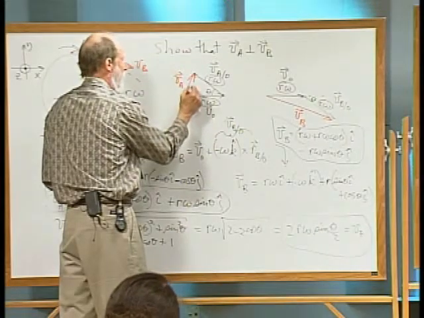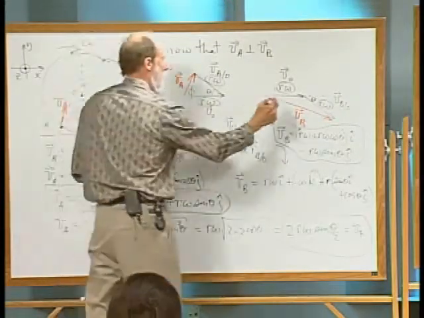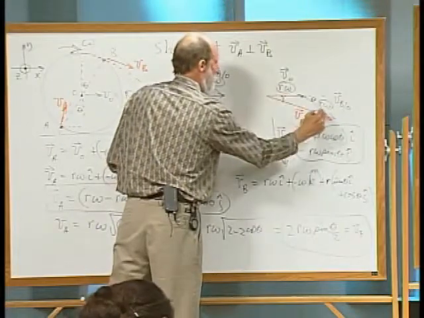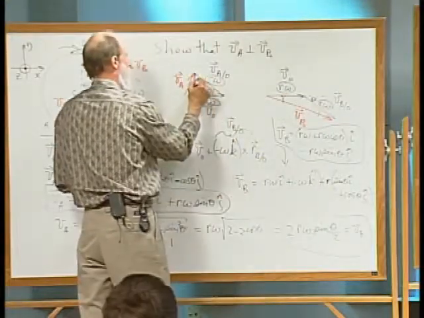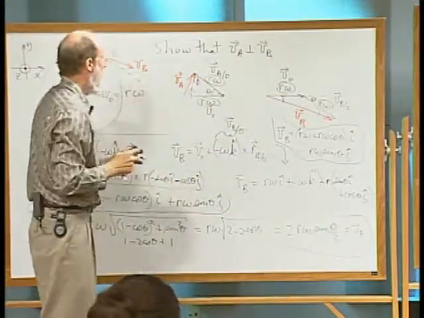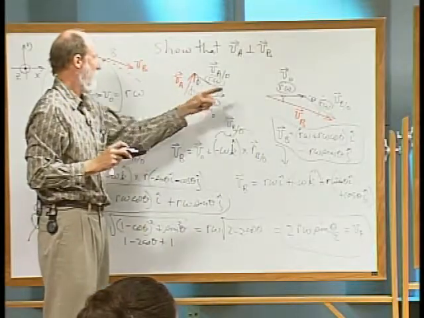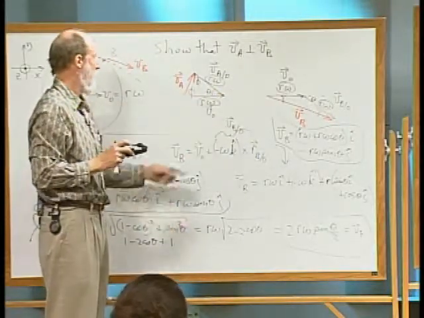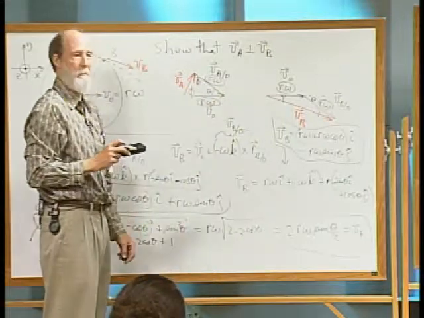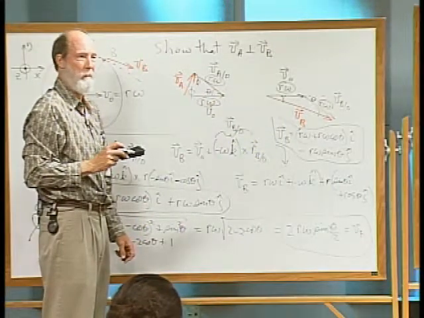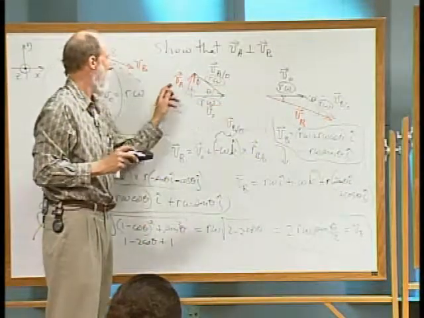This is some angle phi. Here's some angle gamma, gamma, and phi, phi. And what should be true about the relationship between phi and gamma for these vectors to be perpendicular?